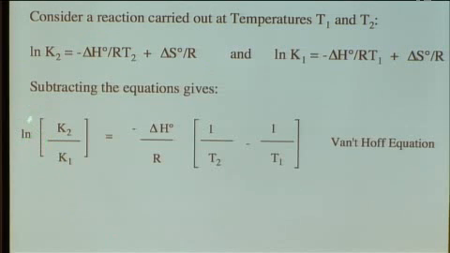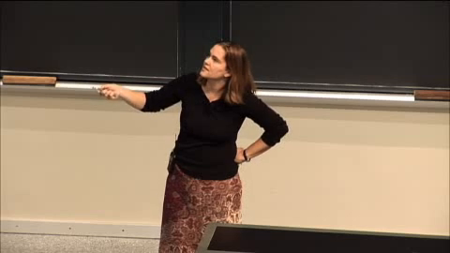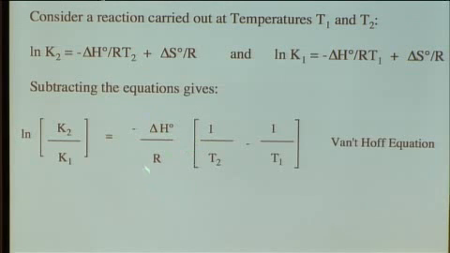Well, we can talk about the natural log of one equilibrium constant over another. K2, the equilibrium constant at temperature 2, over K1, the equilibrium constant at temperature 1, is going to be equal to minus delta H naught over R, and then it depends on the temperature. So you bracket 1 over temperature 2 minus 1 over temperature 1.